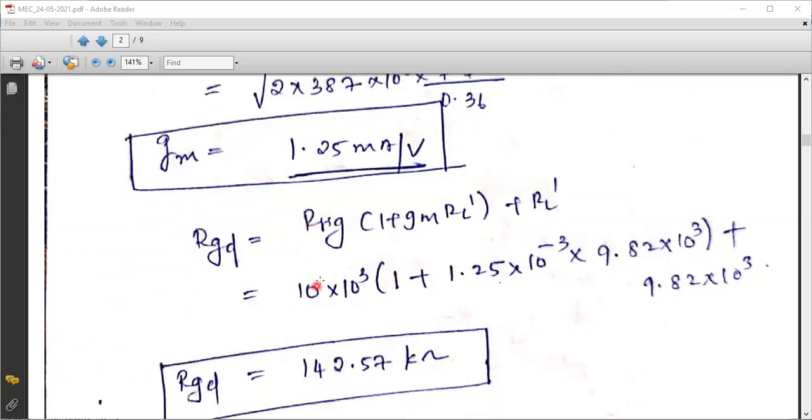So RSIG is 10. So 10 into (1 plus GM, which is 1.25, times RL dash, which is 9.82) plus 9.82. Your answer will be in kilo ohm if you are not converting.